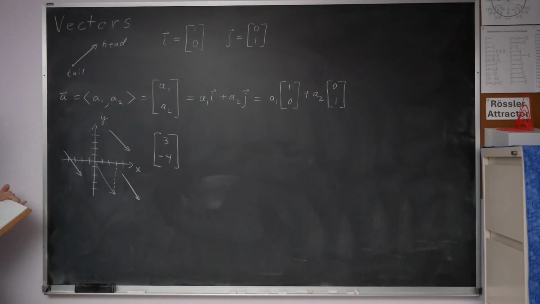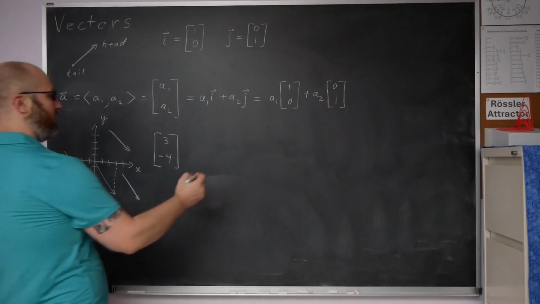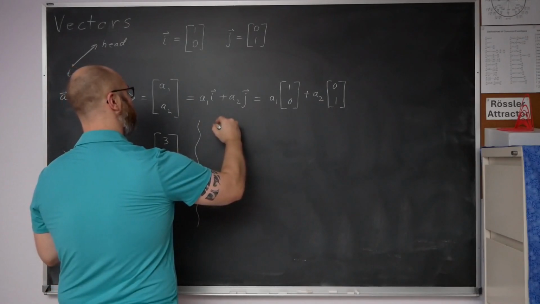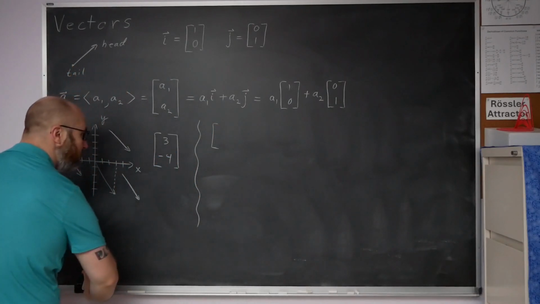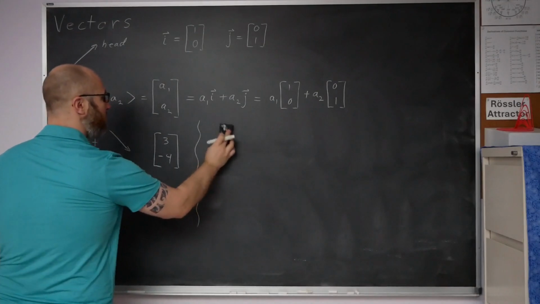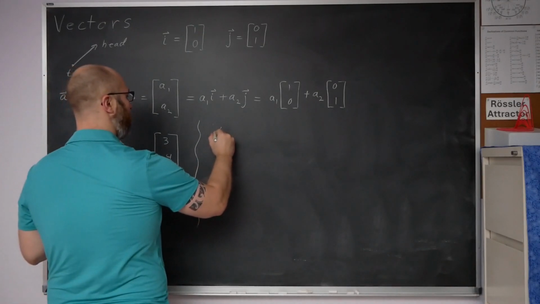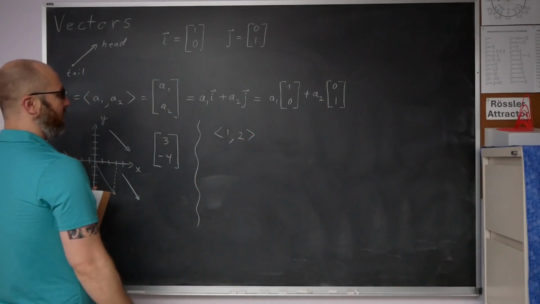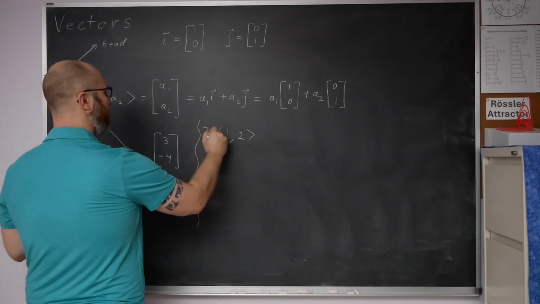Another thing, if you multiply vectors, let's do something a little easier, (1, 2), and I'll write it in a different notation here. I want to multiply that by 3.